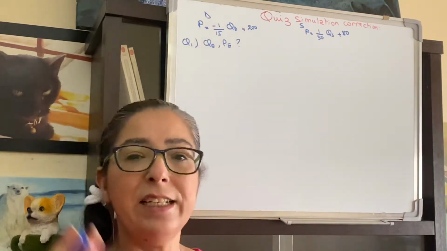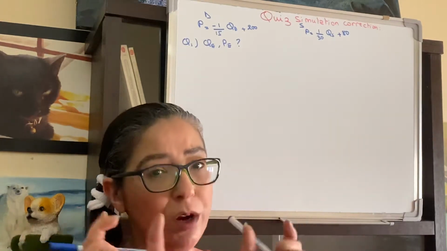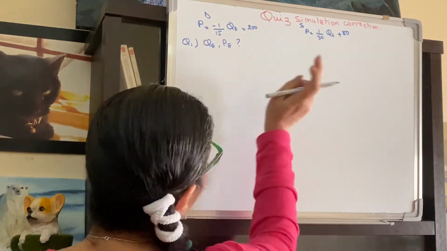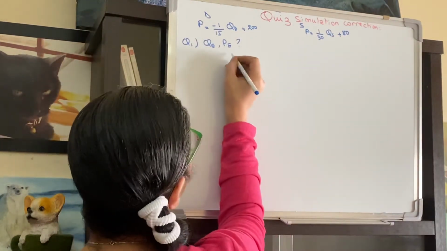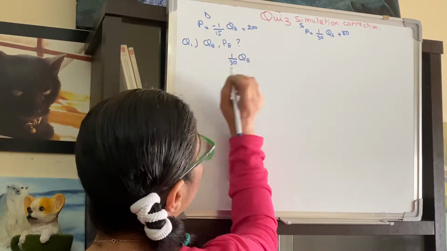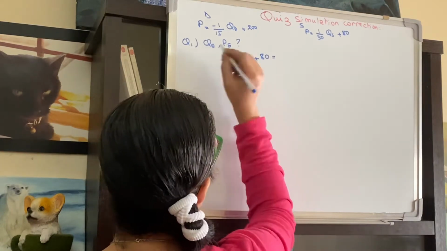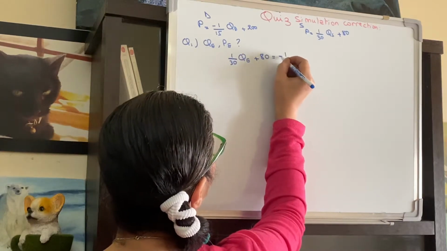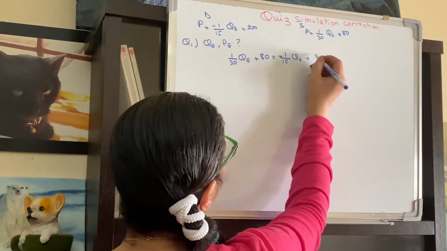You know that it's simply the intersection between the supply and the demand. So the two equations are equal. I always start with the supply because it makes it easier. So 1 over 30 QE plus 80 should be equal to minus 1 over 15 QE plus 200.